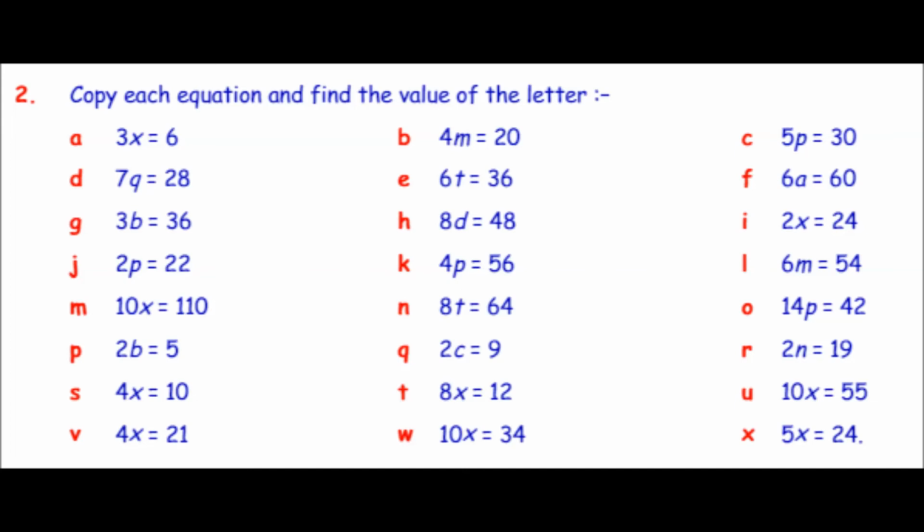Okay. I'm going to say that O is going to be tricky. I'm going to say that U is going to be tricky. And W. I'm going to say that at the end there are some decimal points.